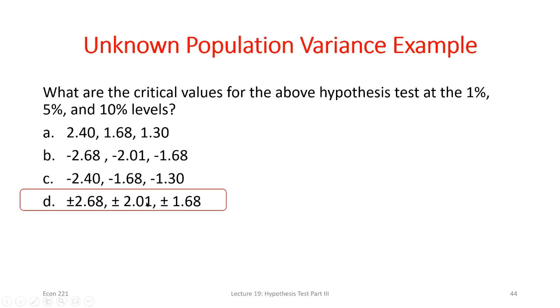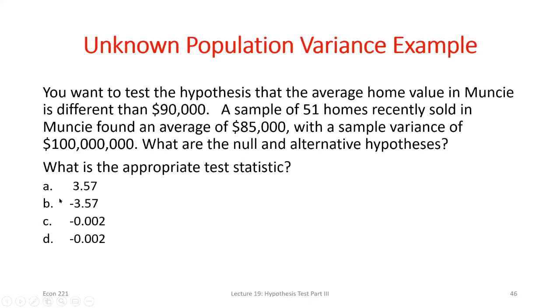It's going to be way further out in the tail, in the rejection region at all these levels. For the sake of time, I'm not going to draw that out again, but we'll work more examples where I find the critical value and plot those. Here, this one was a little easier to see. My critical values are at most negative 2.68, and I found negative 3.57. That's way further out into the tail, way more extreme. So I can clearly reject at all three levels here.